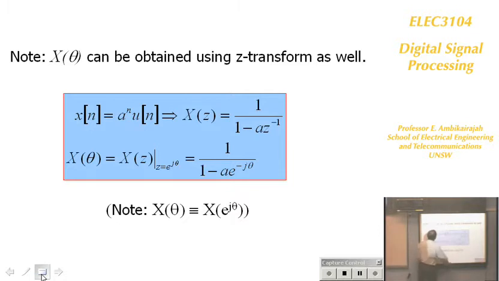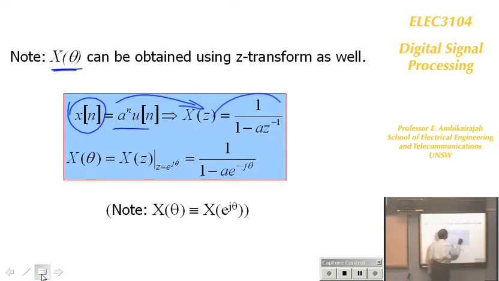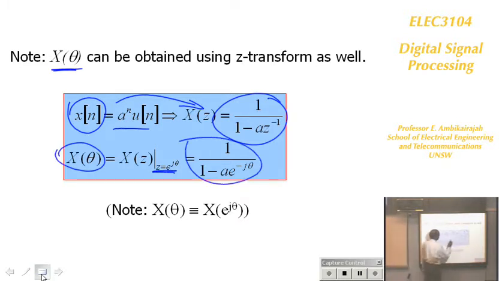Now, you can see that there are other ways of calculating X theta as well, which you have already done before. The other way, without using the formula, is you start with xn, which is given, then you find the z transform. Once you know the z transform, you substitute z equal to e to the j theta, and you get this. That's the second way of doing it.